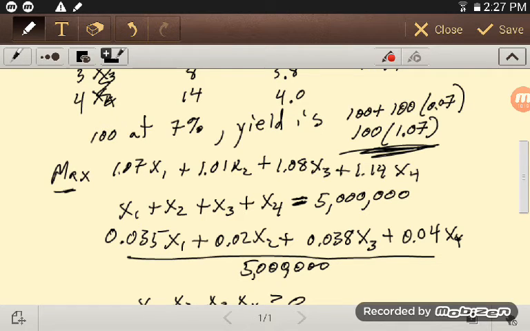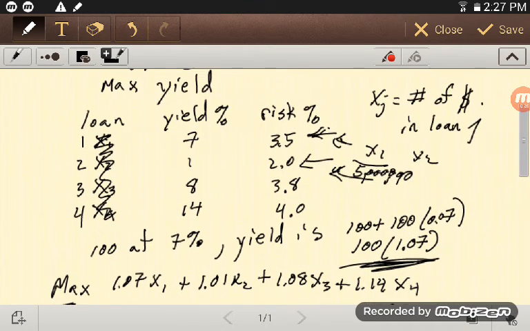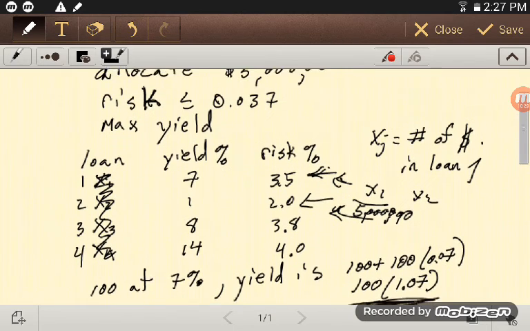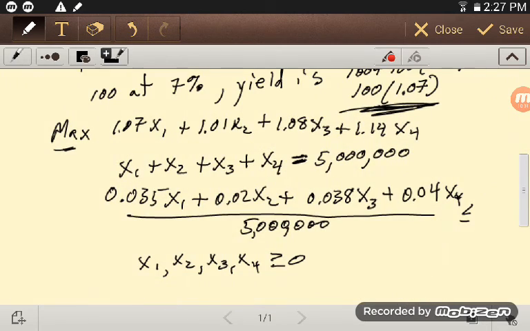Okay, and that gives me my proper weighting of everything, and that has to be less than or equal to 0.037. Now, what I'd actually do for this model is go ahead and multiply the 5 million times the 0.037 and just make it look nicer that way and get that bigger constant over on the right.